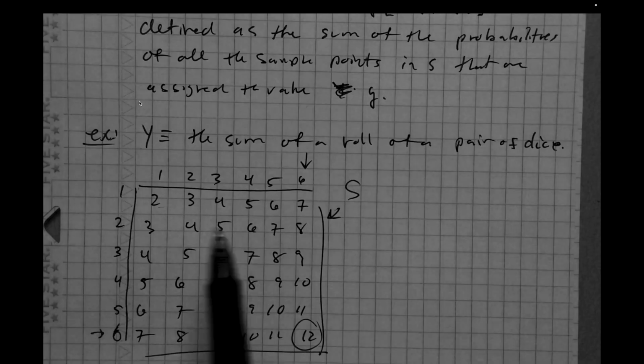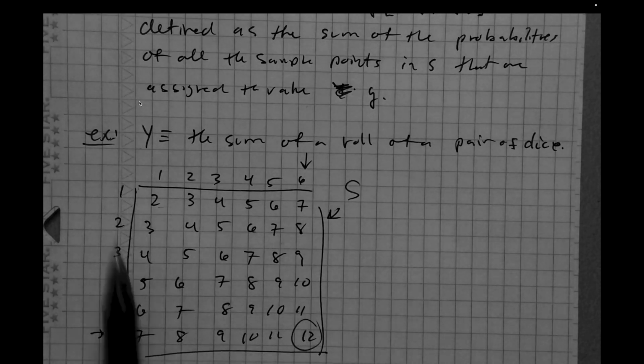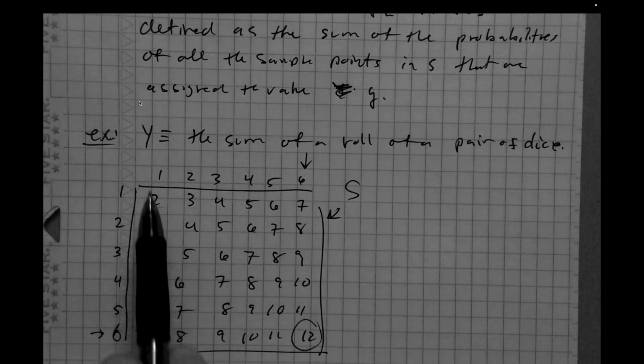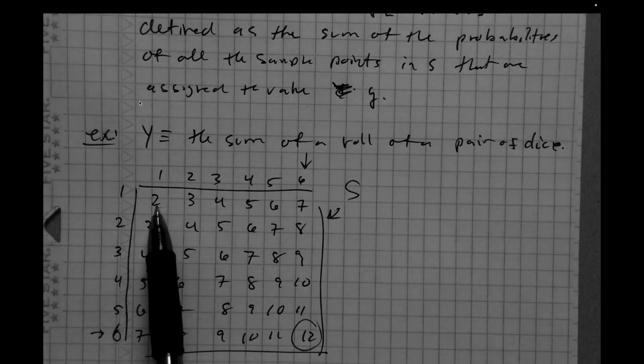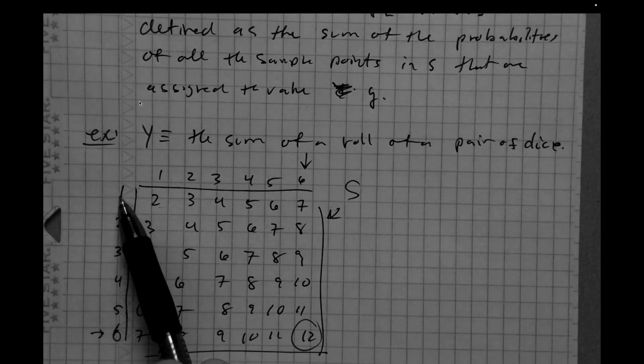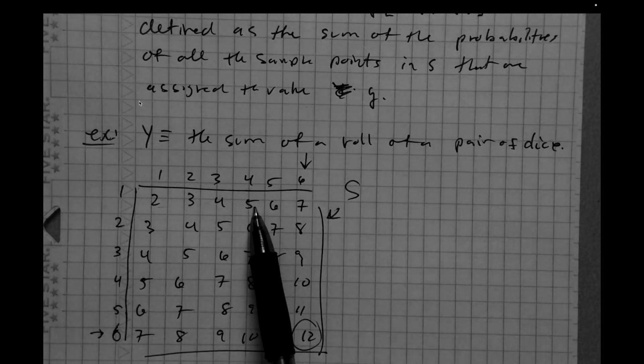Now, by virtue of how we've constructed this, to each of the outcomes we have assigned a numeric value. If you get a 1 followed by a 1, we've assigned the numeric value of 2. If you get a 1 followed by a 4, we've assigned the numeric value of 5.